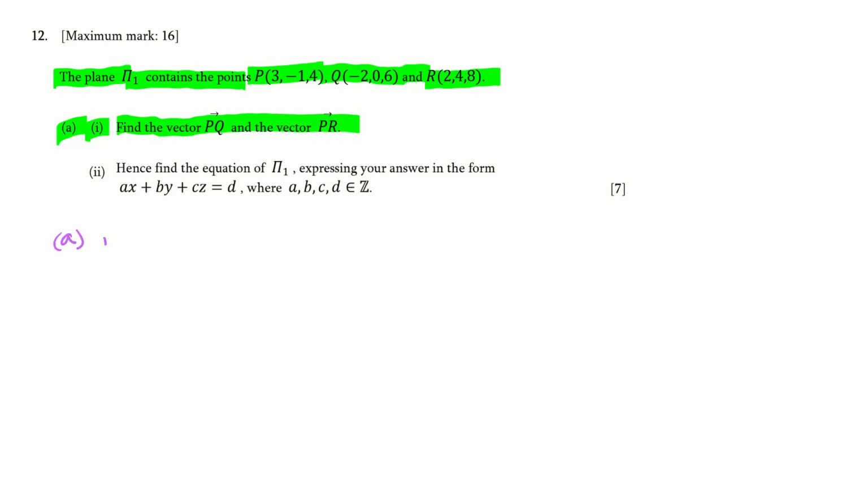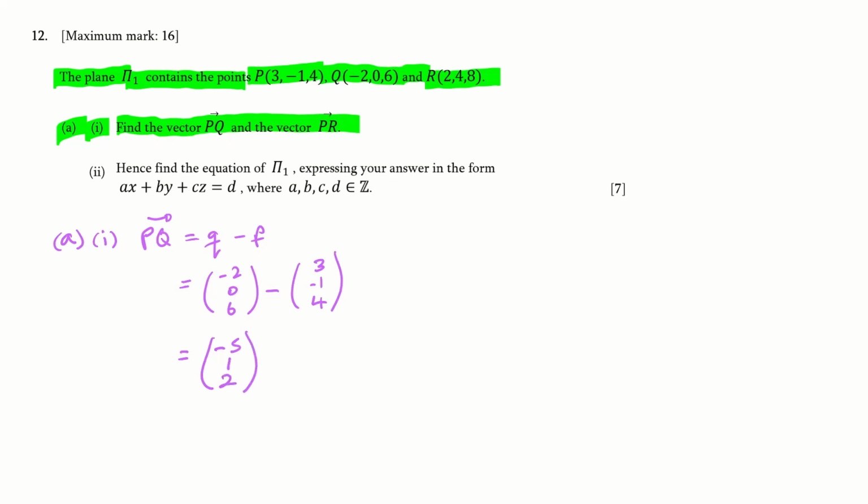So, well, PQ is equal to Q take away P, which is (-2, 0, 6) take away (3, -1, 4). And so that gives us (-5, 1, 2).